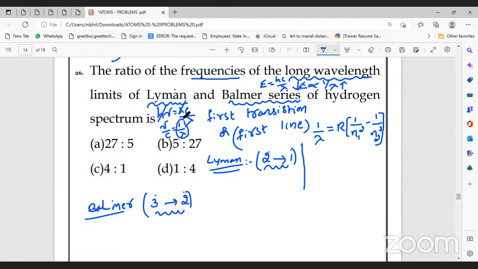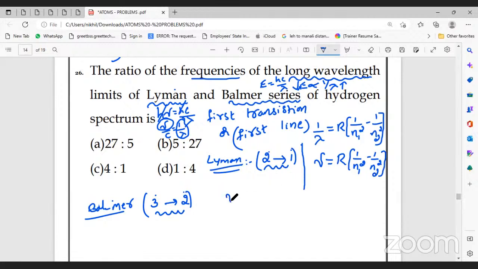So 1 by lambda is directly proportional to the frequency, and within proportionality, nu is R into 1 by N1 squared minus 1 by N2 squared.